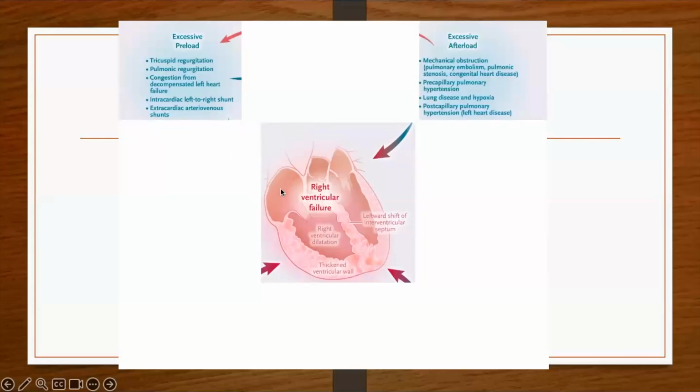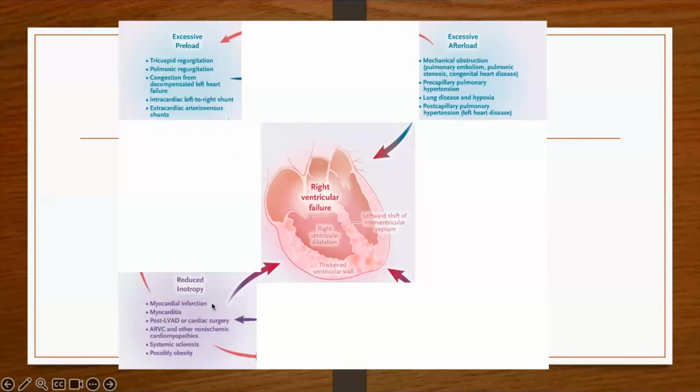RV afterload, with mechanical obstruction with pulmonary embolism, pulmonary hypertension, that's precapillary like PAH, and then various primary lung diseases can affect the afterload. Reduced inotropy can happen in cases of post-surgery, post-LVAD, myocarditis, and RVMI.